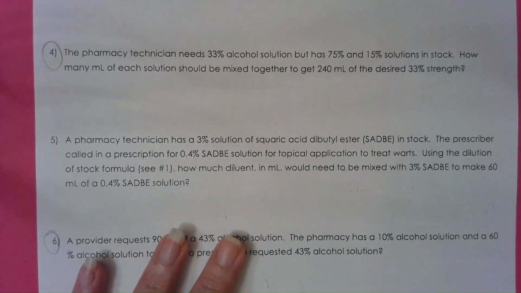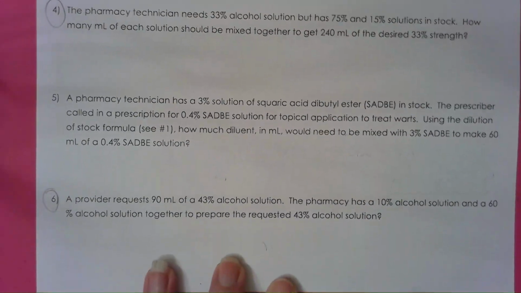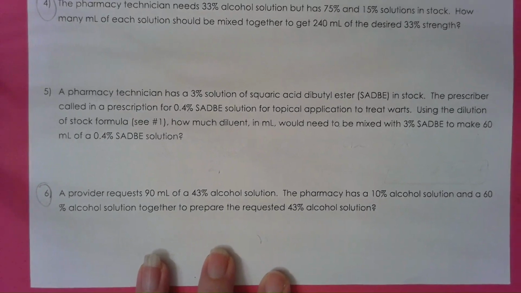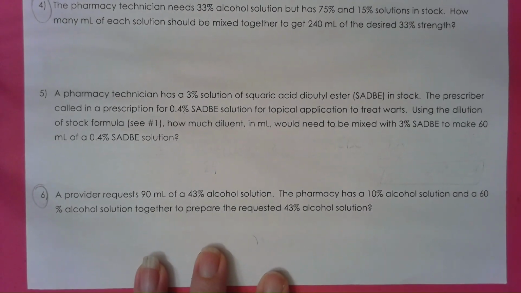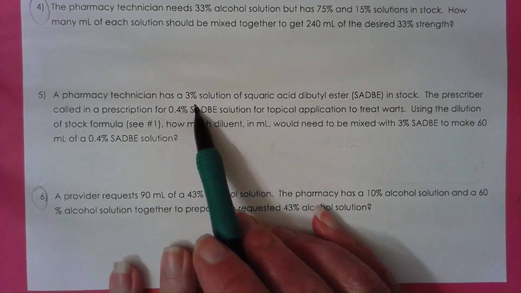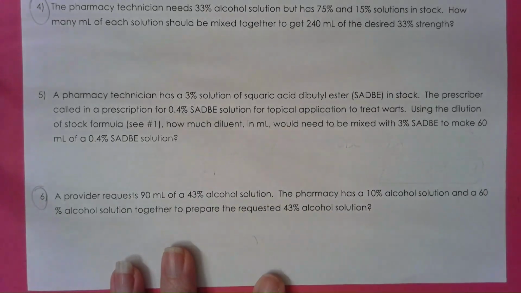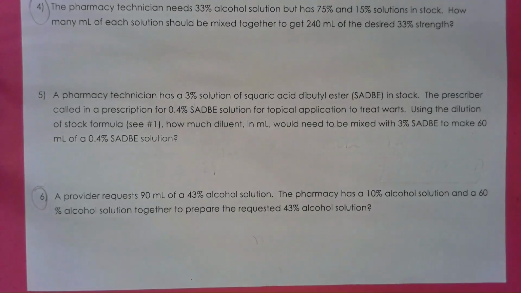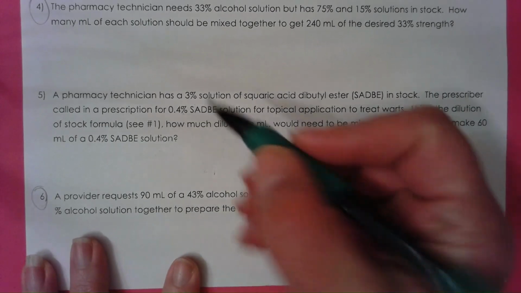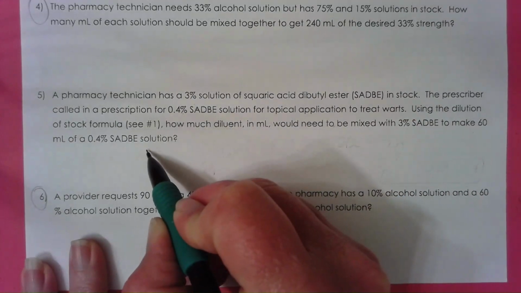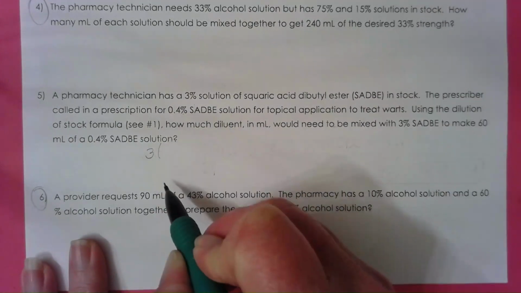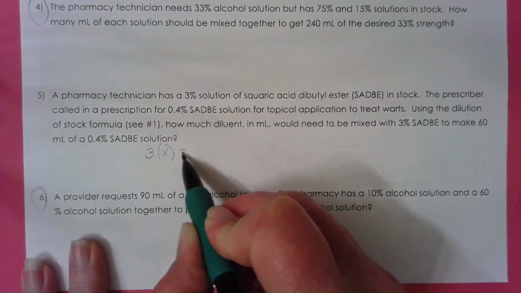So let's jump down here to number 5. You can see the other ones I've circled; we're going to get to those. Okay, so for number 5, this one has a 3% solution, but they want a 0.4% solution. So concentration 1 is 3.